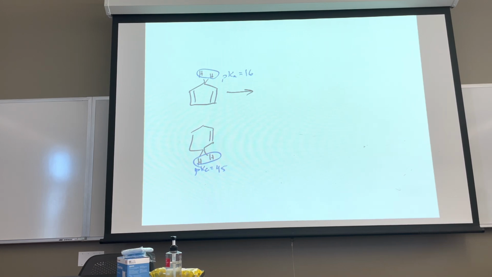So why was that? Well, if you take a look at where you're starting from and compare it to where you end up, it really tells you everything you need to know. So if I deprotonate the cyclopentadiene, I get something like that. And the significance here is that you're starting with something that is non-aromatic.